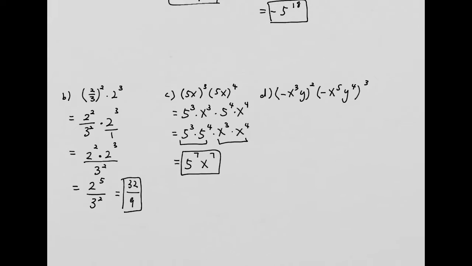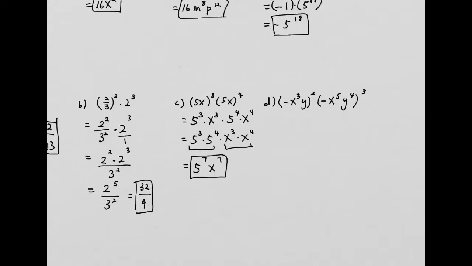Let's look at the last one from this section. So you're going to first open the parentheses and then combine the like bases, right? So when we're distributing this, you're going to distribute the square to the negative first. That will become positive. And then, I don't really need to write anything down on that. And when I distribute the square to the x, I get x to the 6.